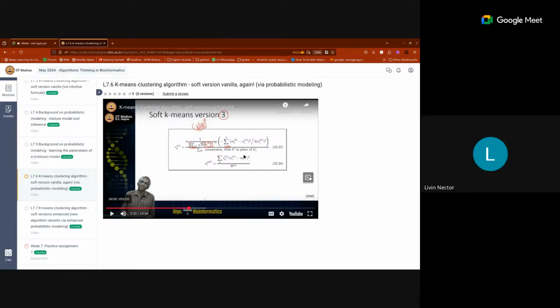That's basically the weighted mean formula. With that, we update the standard deviations also. This is the expectation step and this is the maximization step, and we do this repeatedly. That's how it goes. This is for the variance, and we also update the means this way. Right.